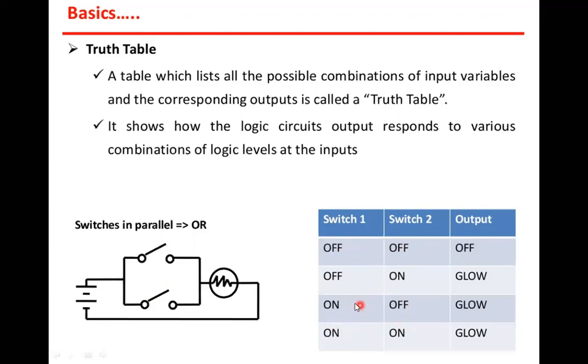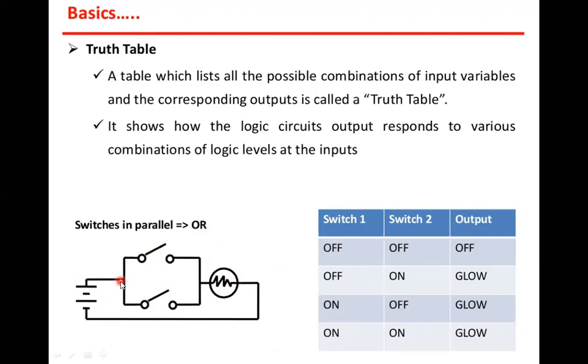So what will happen to the output? If both the switches are off, obviously there is no current flowing through this LED. Will there be any glow of light from the LED? No. So off, off, the output is off. Similarly, I keep switch 1 off and put switch 2 on.